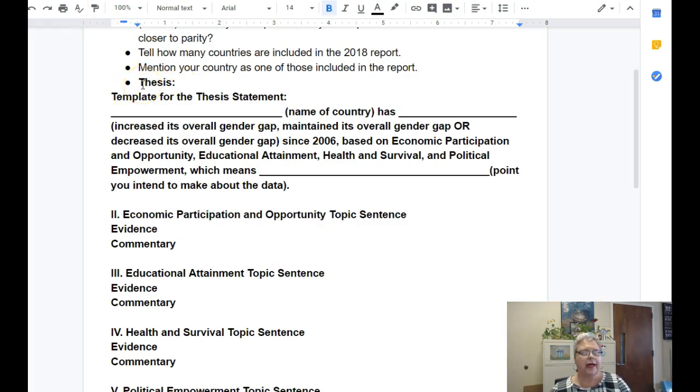Then you get down to your last sentence in your introductory paragraph, and that's when we have the thesis statement. So I've given you a template to use. Japan has increased its overall gender gap, or maintained its overall gender gap, or decreased its overall gender gap.